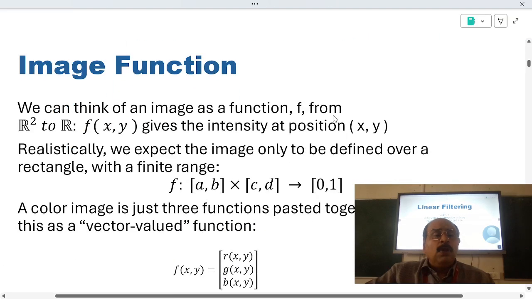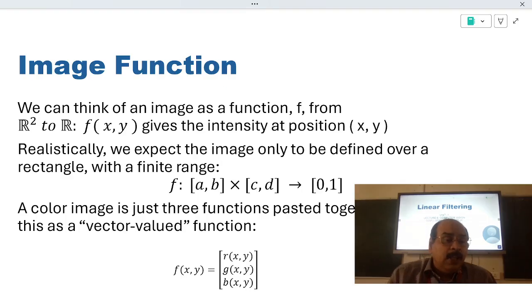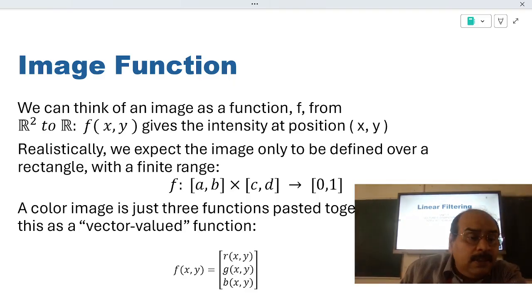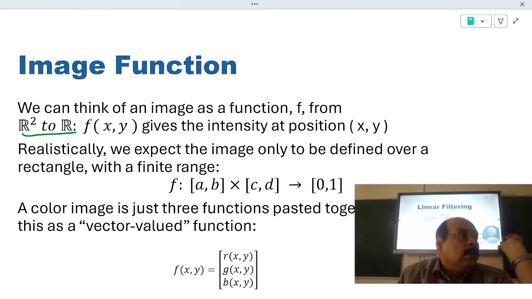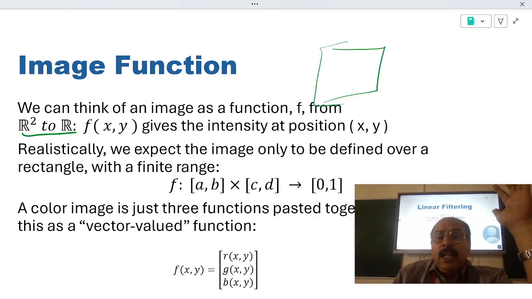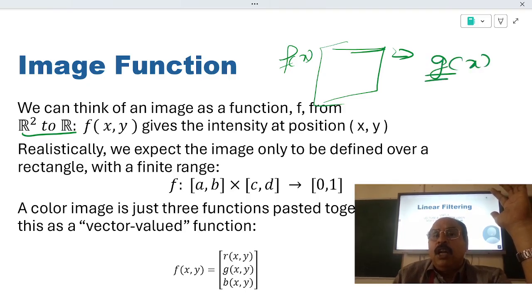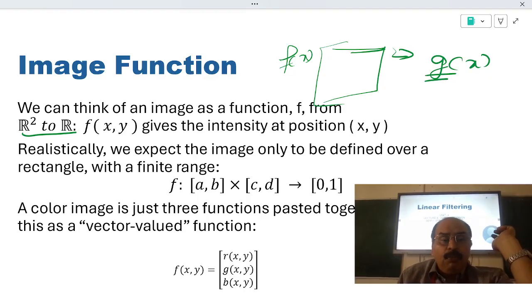Now, what is basically an image? Here we have an image as a function that is mapped from, say, R2 to R. You have a set of real numbers, and you have one function called f of x, and this f of x is transformed into another function called g of x.